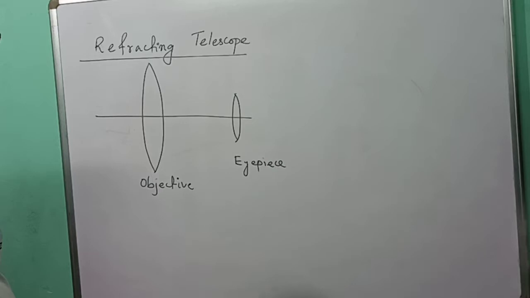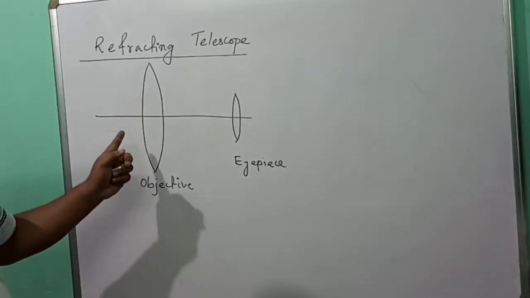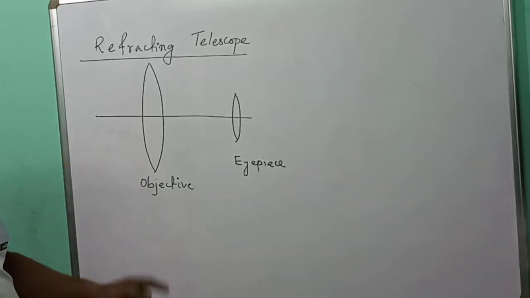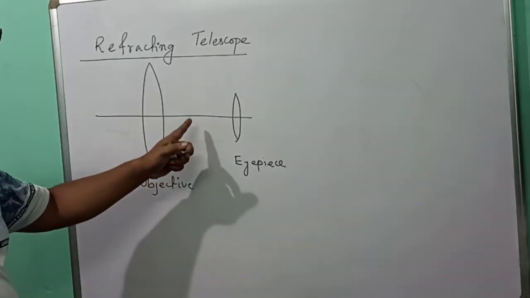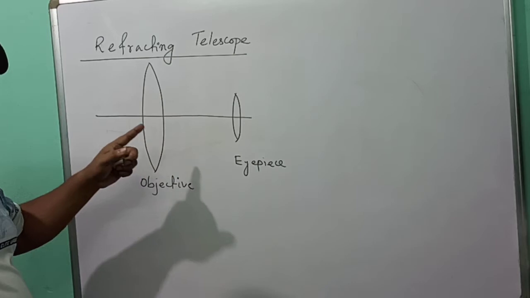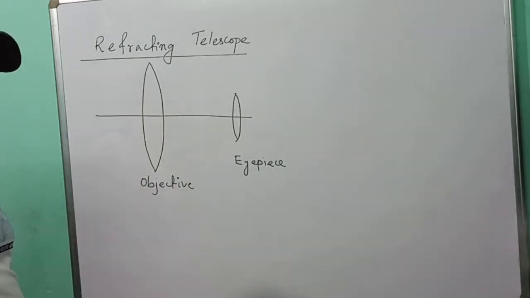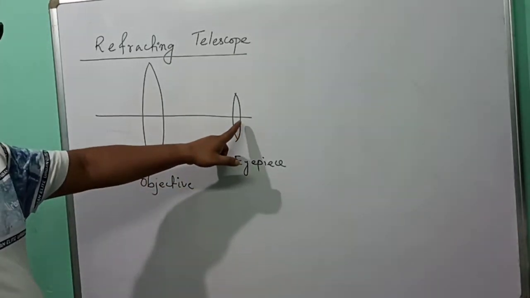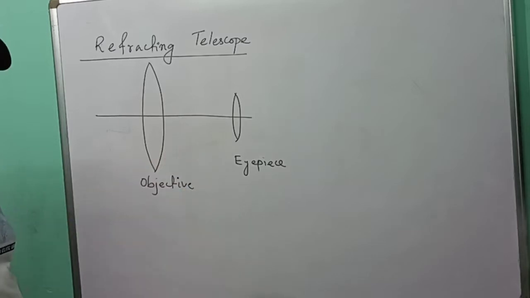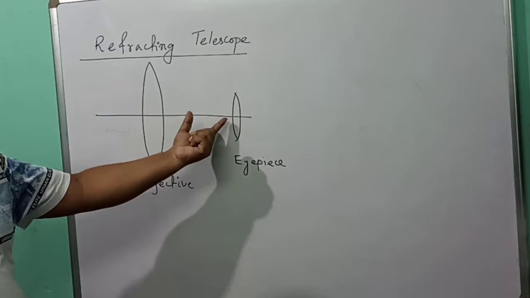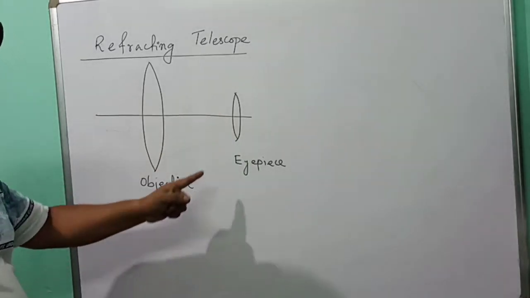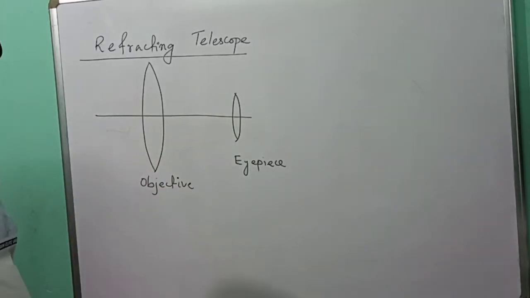Now for two different positions of the final image: the final image can form at the minimum distance of distinct vision, that is 25 centimeter from the eyepiece lens, or it can also form at infinity from the eyepiece lens.